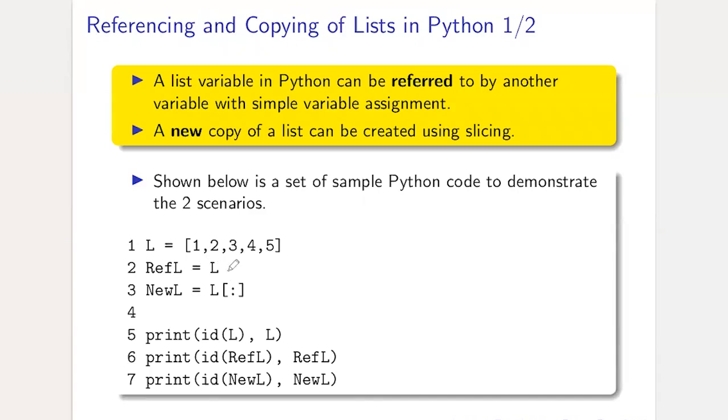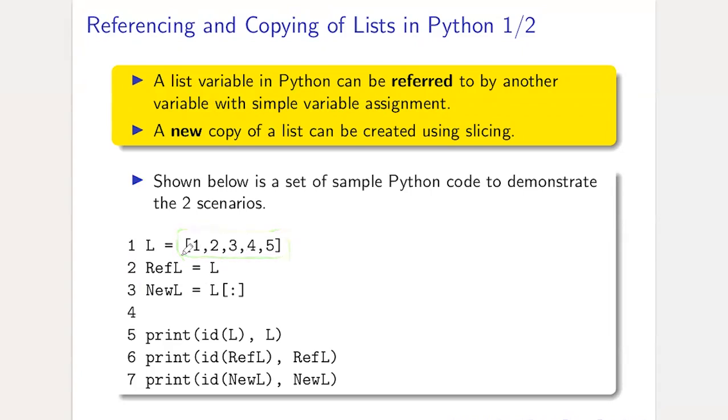Now, if I create another variable, ref L, and assign L to that, I don't get a new list created. It is only a reference to the existing list.